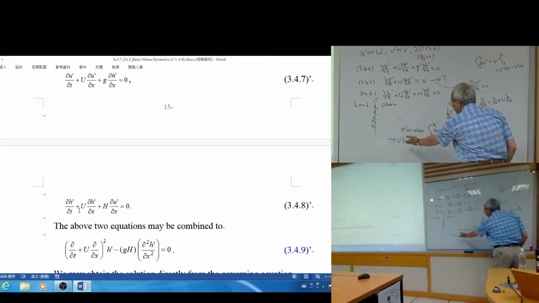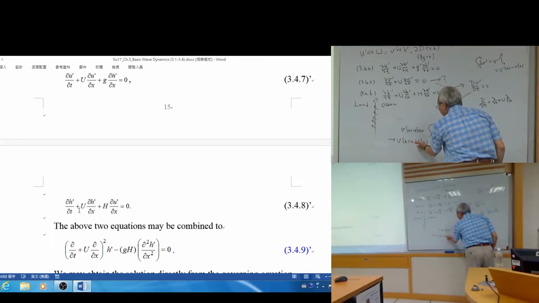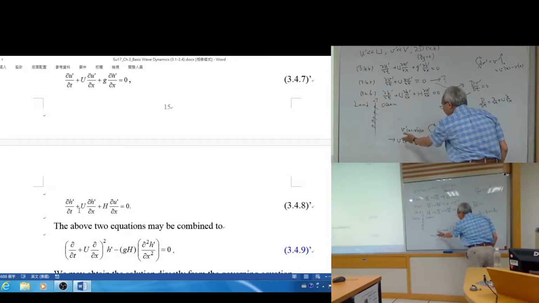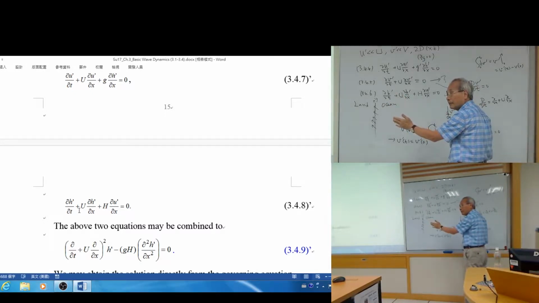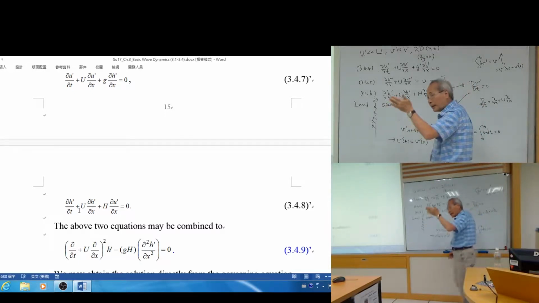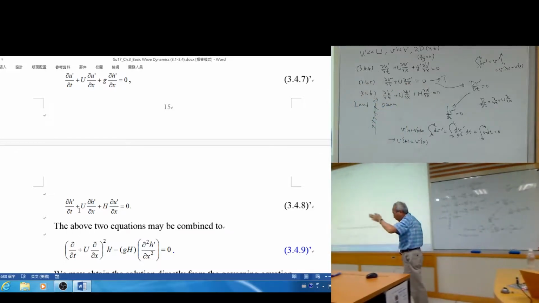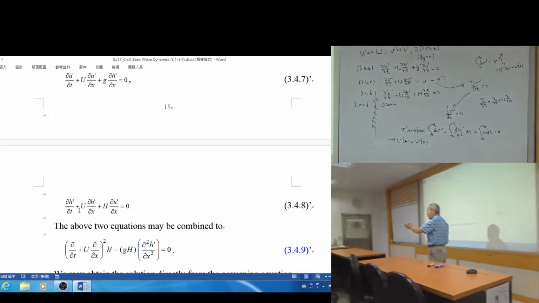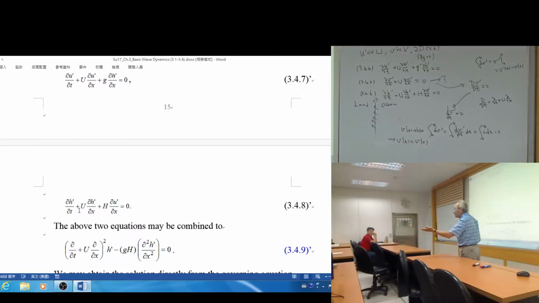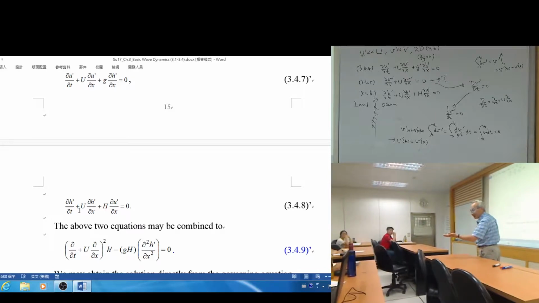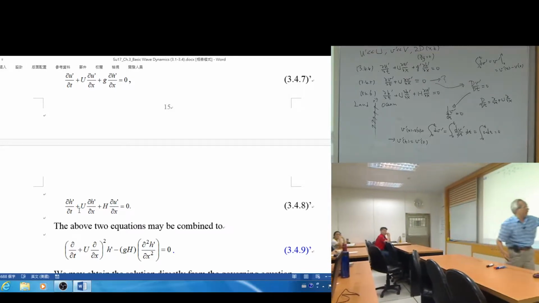If initially you have a v wind, then that v wind will keep the same. So assuming there's no v wind, as time goes on, the v wind is still the same thing, so you don't have to worry about it. You understand? That's what this means.